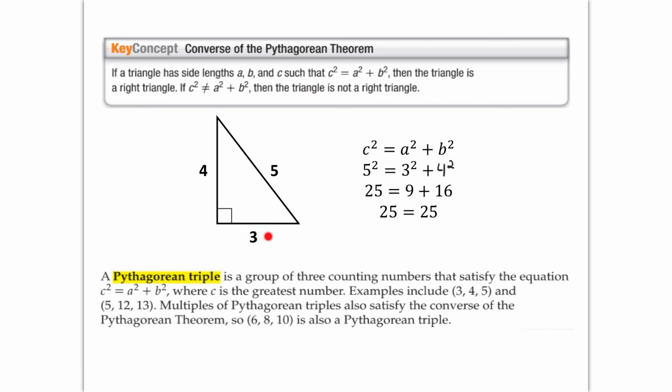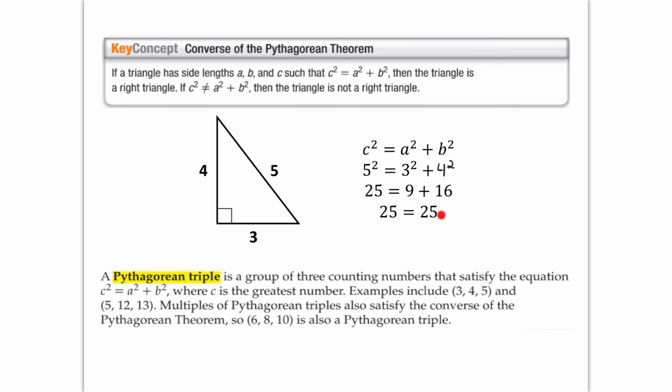A is the smallest side of the triangle. B is always bigger than a. So when I substitute, I get the 5, which is the hypotenuse, squared, equals the 3 squared plus the 4 squared. When I substitute both sides, notice 5 squared equals 25. The other side, 3 squared is 9, 4 squared is 16.